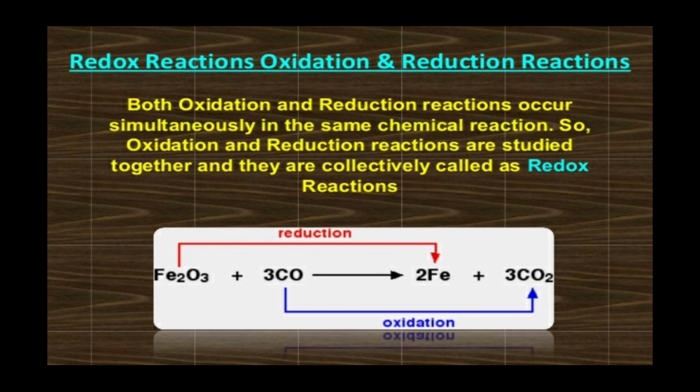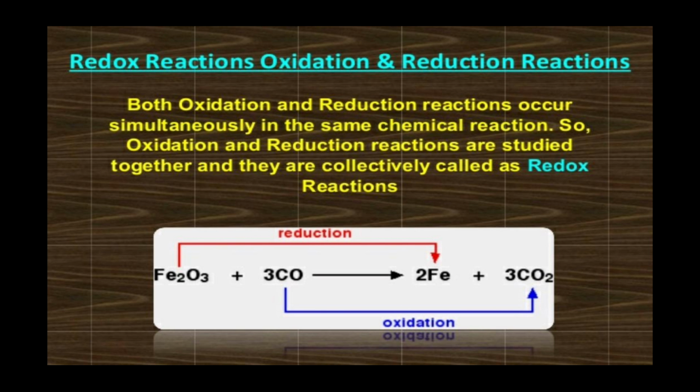But when we come to carbon monoxide, it is also a reactant, but here it accepts oxygen from ferrous oxide and hence it gets oxidized. Means here in this chemical reaction ferrous oxide is reduced while carbon monoxide is oxidized.